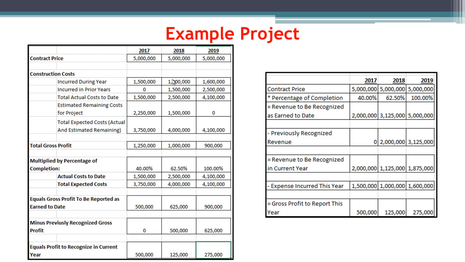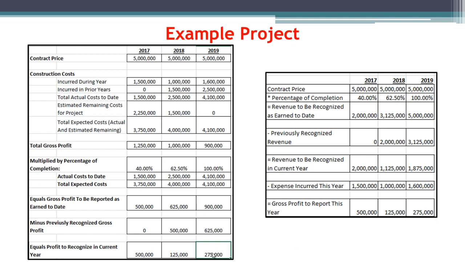And in this year, we've incurred only, again, just this year, incurred during the year, $1 million in costs. So we subtract out the $1 million in costs, and we get $125,000 in gross profit to report just this year. Notice these first two items, they match perfectly with the gross profit we calculated under the first method.